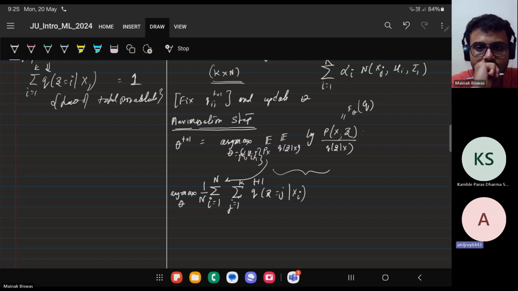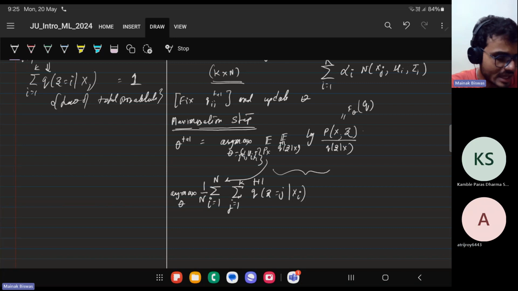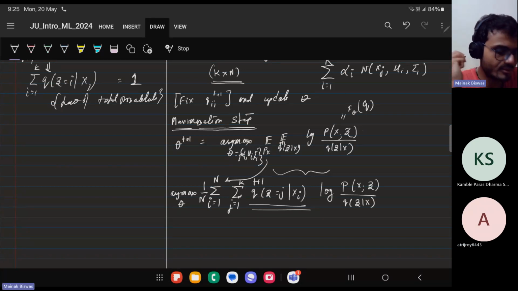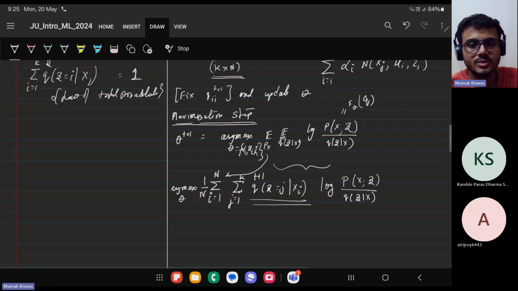Expectation over Q. Because we have that log term inside, I have not yet written it. I'm just writing the probability term yet. Yes, this will be multiplied by f theta, that one. I've just not written it yet. Okay.